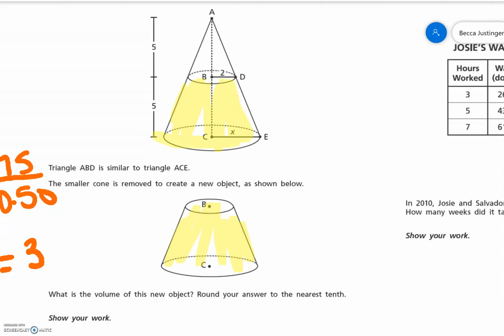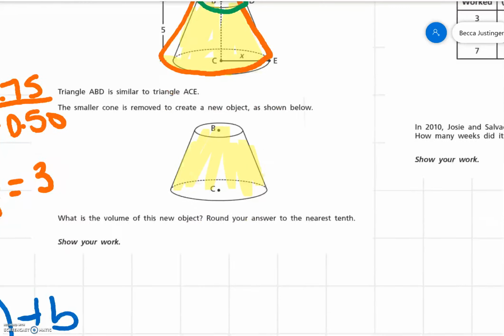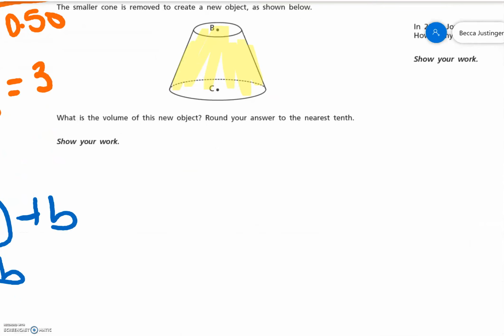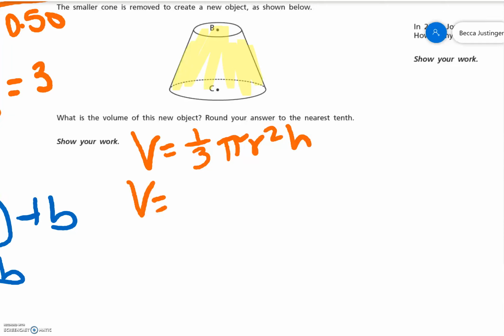So all we have to do is find the entire cone and subtract the smaller cone from it. So volume of a cone, remember, is 1/3 pi r squared h. So the volume of the whole thing is 1/3 pi.